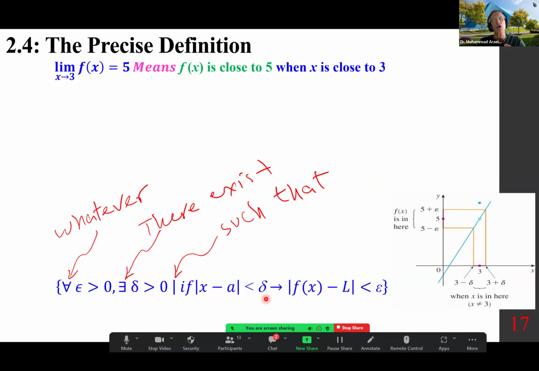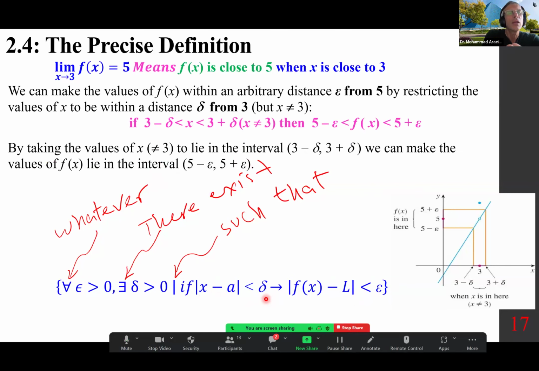That's the concept. We can make the values of f of x within an arbitrary distance epsilon from 5 by restricting the values of x to be within a distance delta from 3, but x not equal to 3.